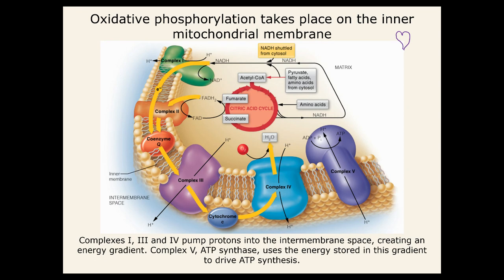So here is the matrix, the middle part of the mitochondria, the inner part of the mitochondria. Here's the inner membrane. So this is the lipid bilayer. And then not shown here is the outer membrane.